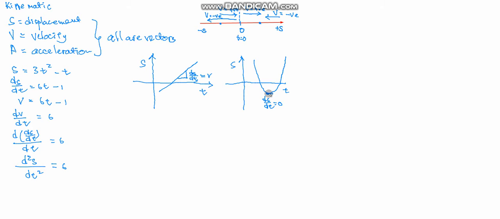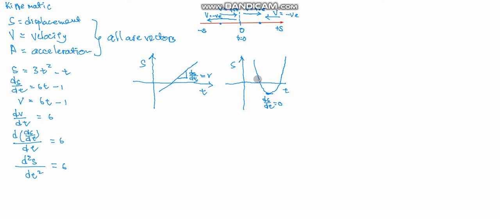This becomes the turning point when ds/dt is equal to 0. At this point when it turns, its velocity is actually equal to 0.